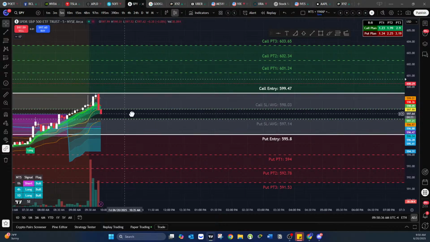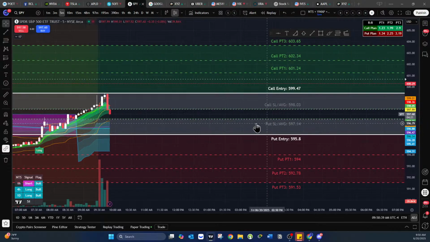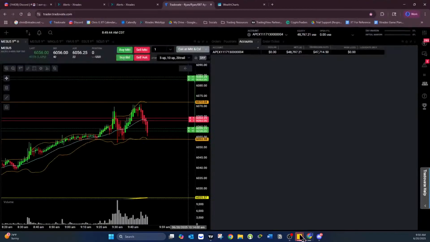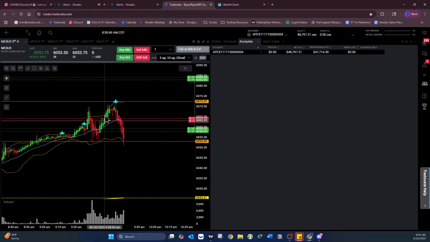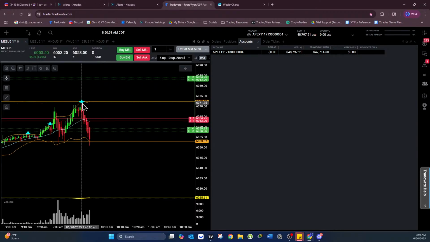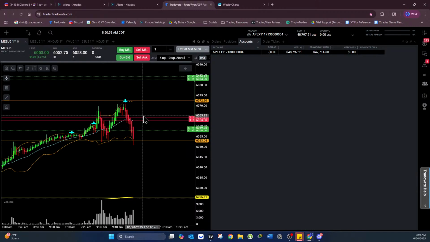Yeah, 597.14 is this stop loss average down for puts. That might be a spot where I look to take some shorts, man. I don't know. Oh man, that was that short signal right there. I didn't even see that earlier.